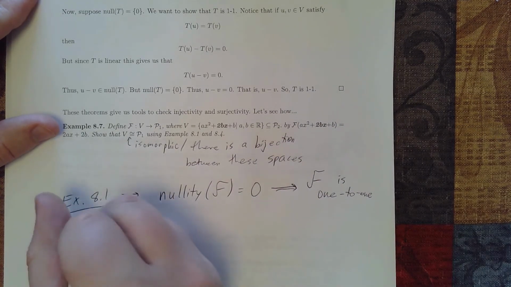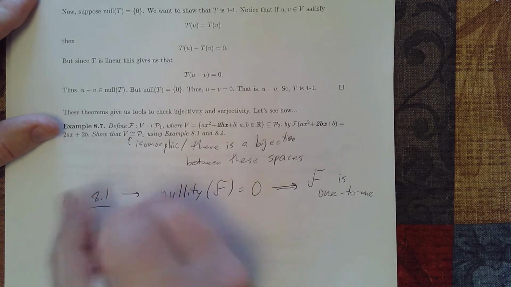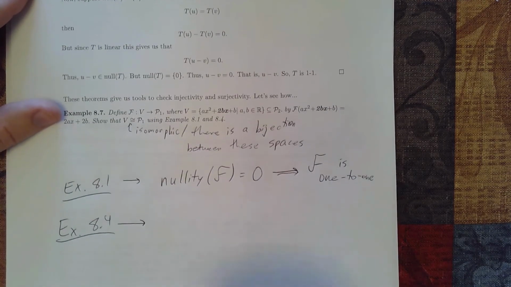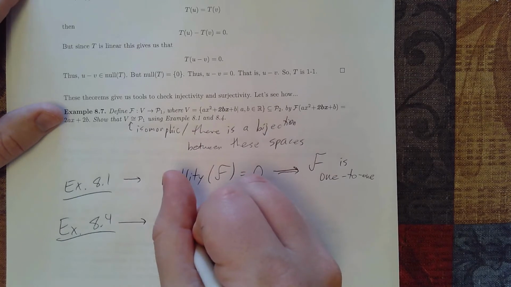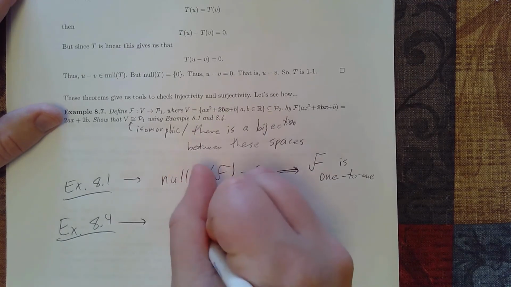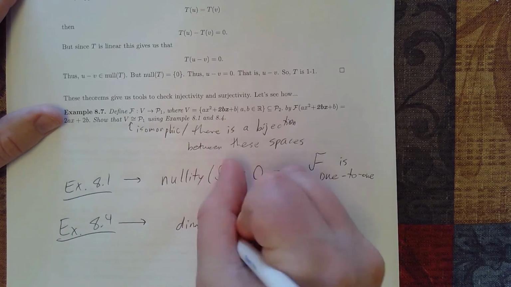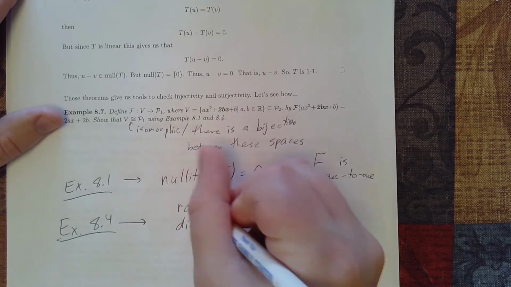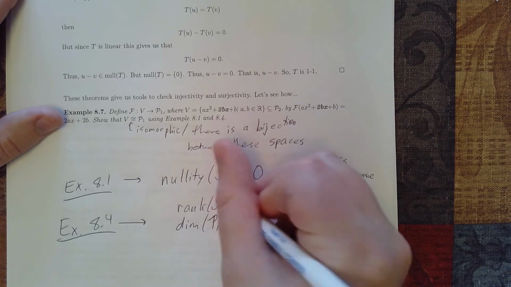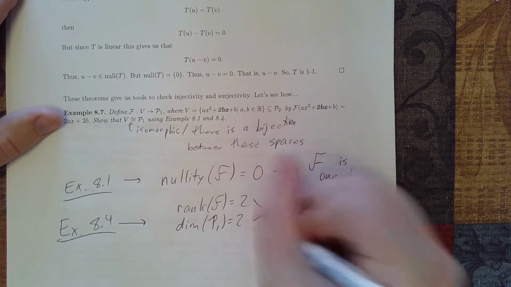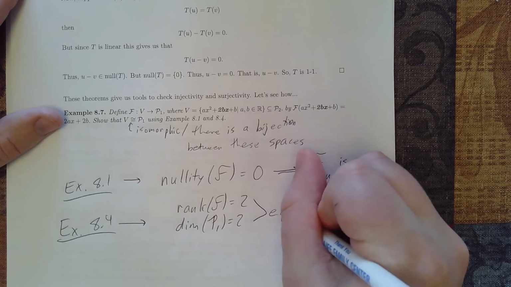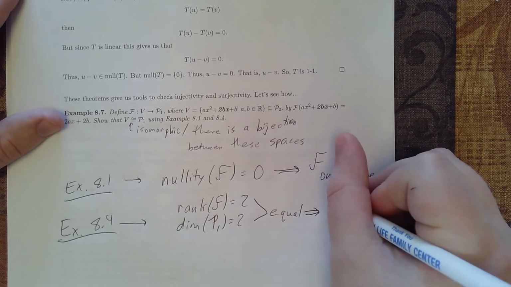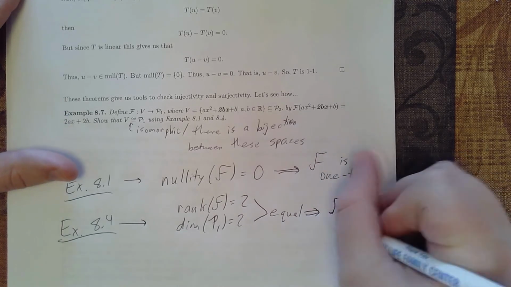And example 8.4 told us that the dimension of our codomain and the rank of our transformation were the same. They were equal, which tells us that F is onto.